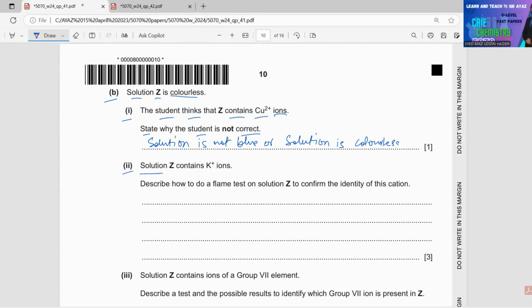Number 2, solution Z contains K plus ions. Describe how to do a flame test on solution Z to confirm the identity of this cation. It's of 3 marks.